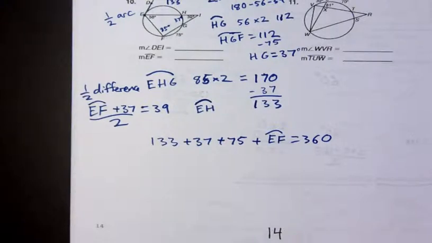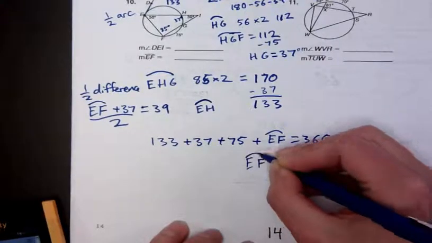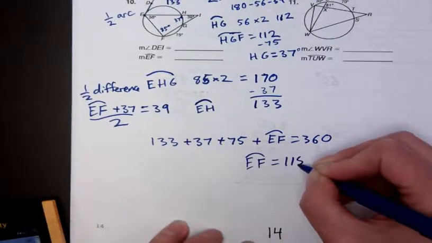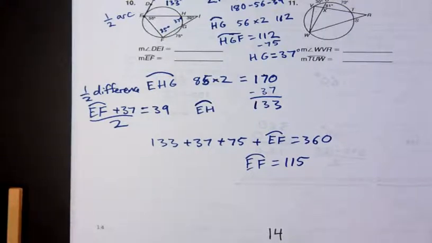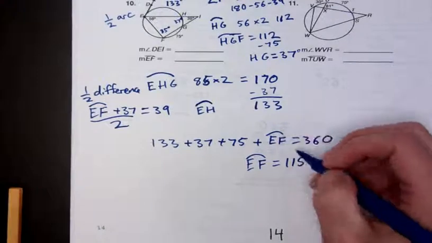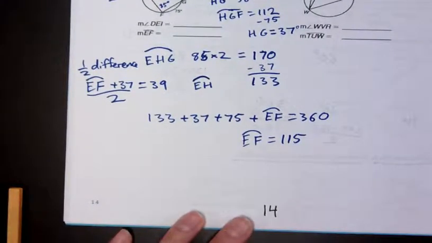Can anyone get it faster than me? 115? Yep, so EF equals 115. Well, I could put X there, or I put EF instead of X.